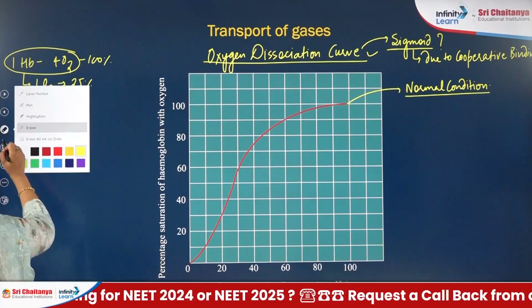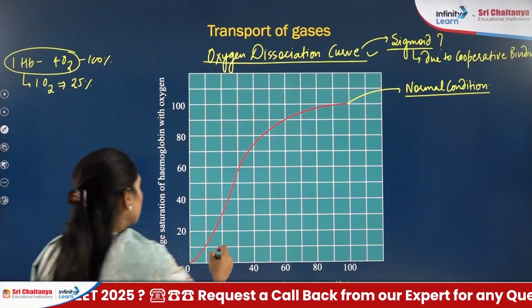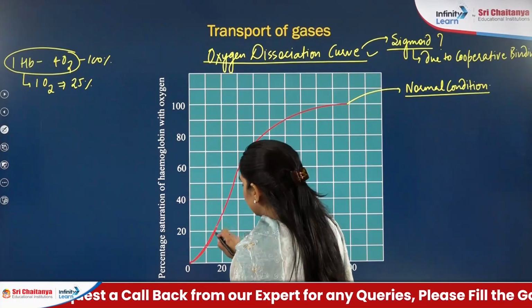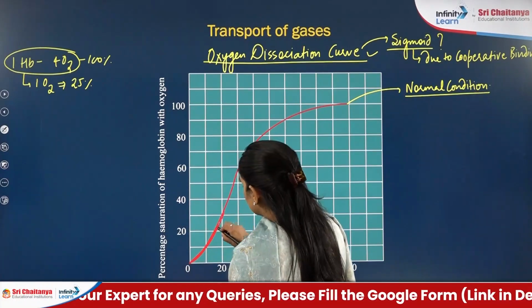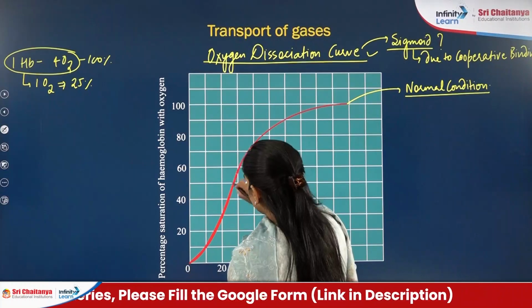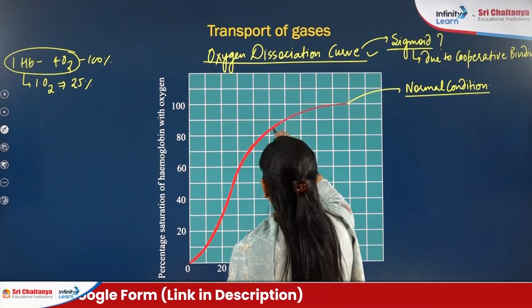This sigmoid curve, you can also say S-shaped curve. You can see in the starting, the saturation is taking time, and then it is occurring fast.